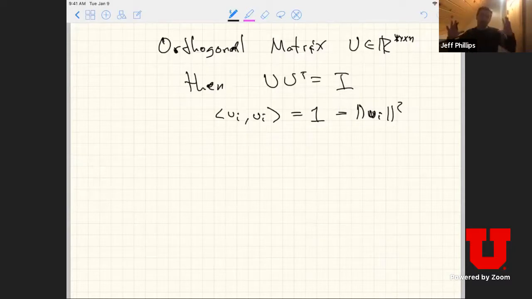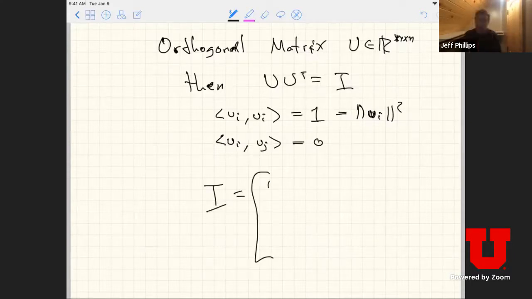So when I do a matrix multiply, the element that's on the diagonal of the matrix is going to be a vector dotted with itself, whereas everything that's not on the diagonal, so Ui and Uj, that's going to be 0, right? So this identity matrix, remember, is 1s along the diagonal and 0s everywhere else.